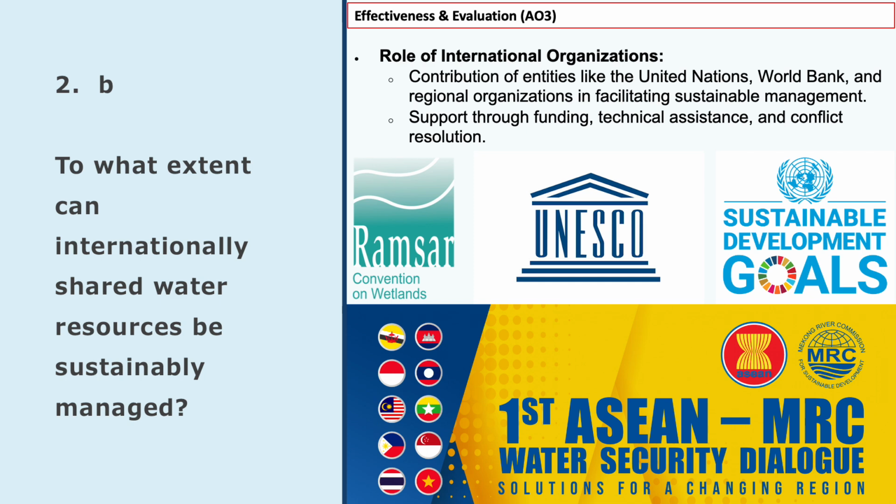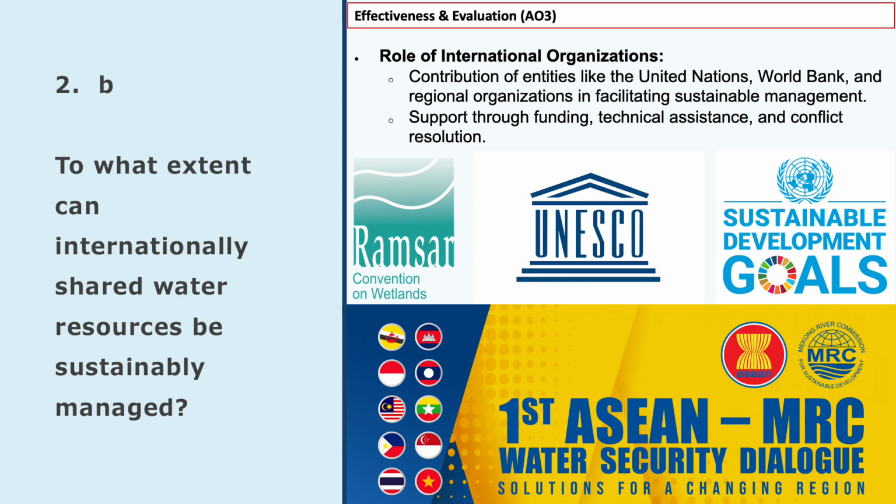There's ASEAN as an international organization that is focused on economic development in Southeast Asia. There's the UN SDGs, which inform different sustainability practices in the area. And there are also some international NGOs, like the NGO International Rivers. We can see all of these bodies and organizations have different roles in the management of these shared water resources.